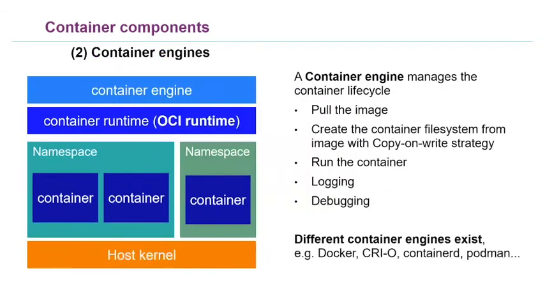So from a container runtime, which is an OCI runtime, so it's OCI compliant and standardized, we need a container engine that has inside the tools for creating a container image, for running the container, for logging, for debugging, and for pulling that image from a registry.